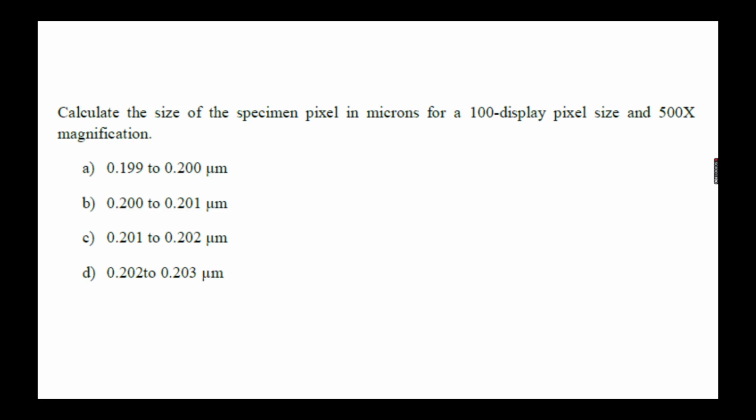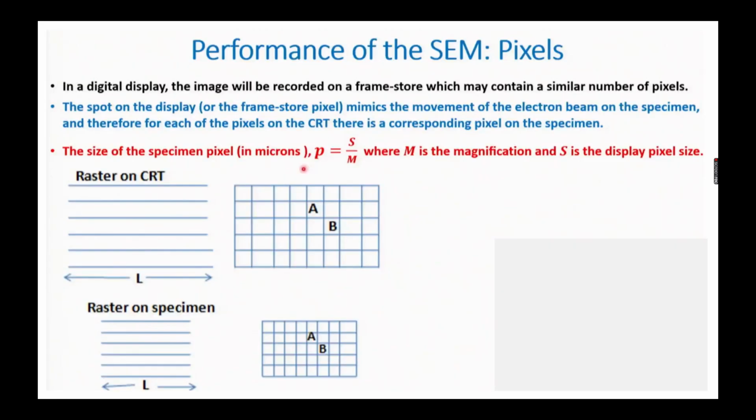So it's not a big deal, but the main thing of this question is how you will solve this. It is very simple. This is the formula, keep remembering this. So I hope it is clear to you.